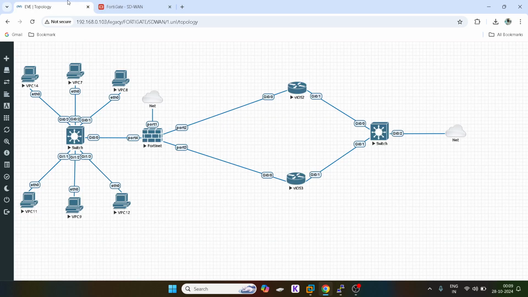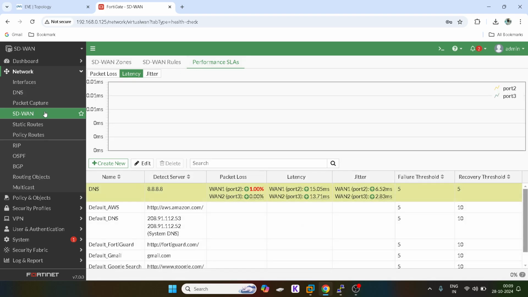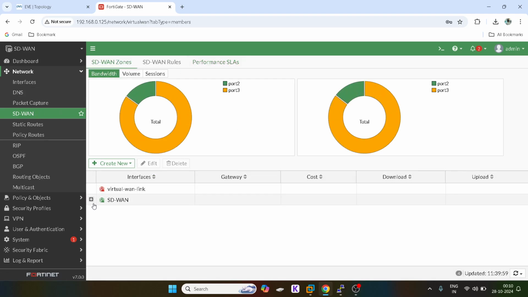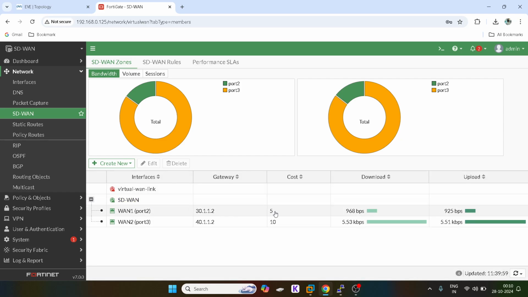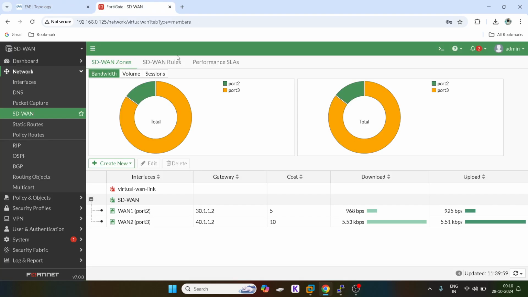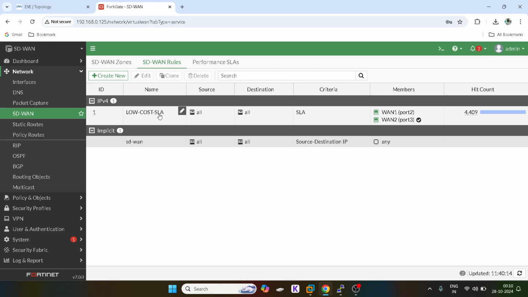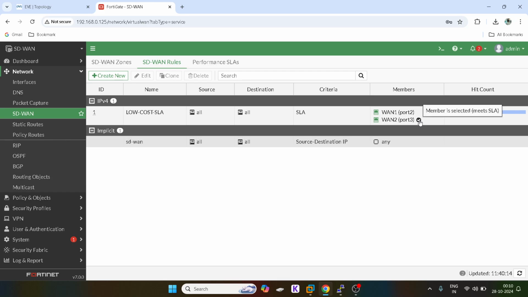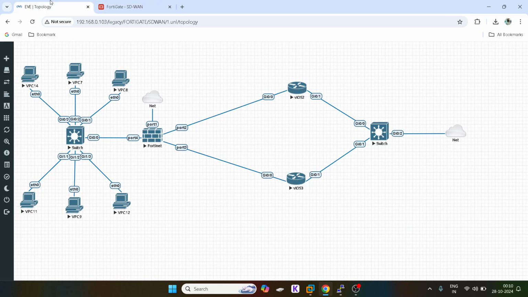So what is the agenda behind this video? It's not about giving a higher cost or lower cost. I have given a lower cost to this link, 30.1.1.2. Ideally, depending on this load balancing algorithm, which is lowest cost SLA, all the traffic should go there. You can also see the port 3 member is getting selected.